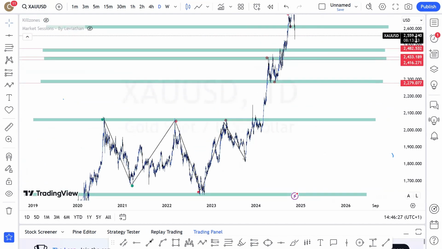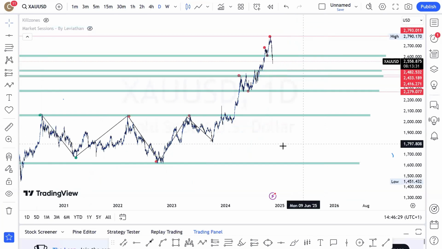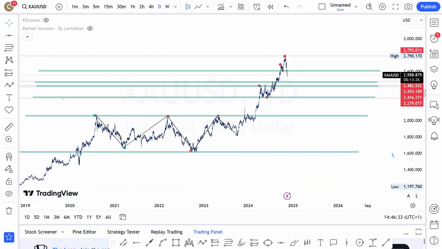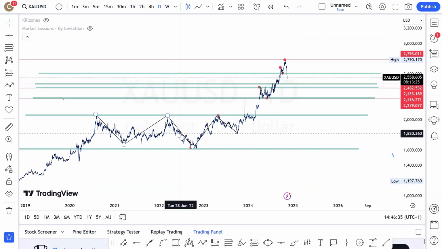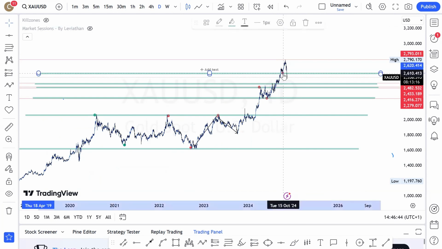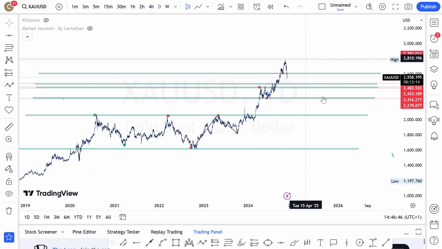Now, looking at this chart on gold, it's quite obvious that gold is actually bullish, right? Then you're looking at dynamic supports. In fact, since the market is bullish, you're working with dynamic support.